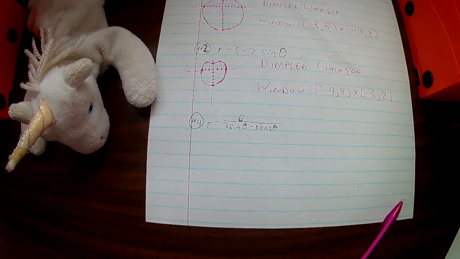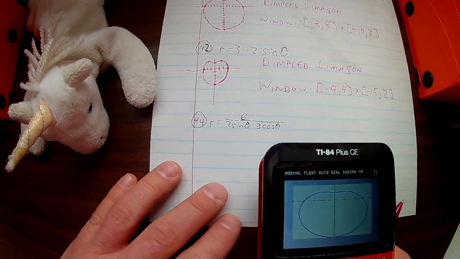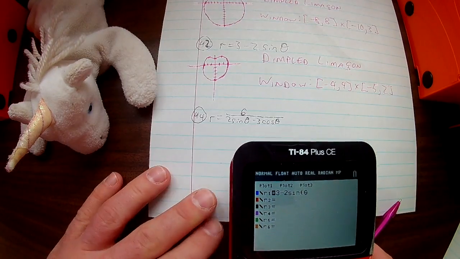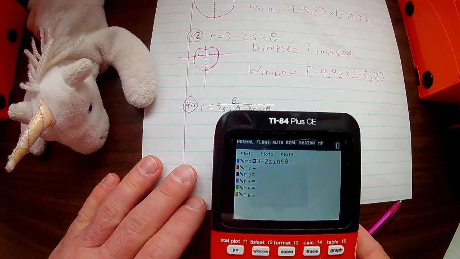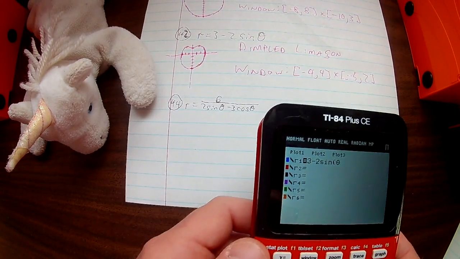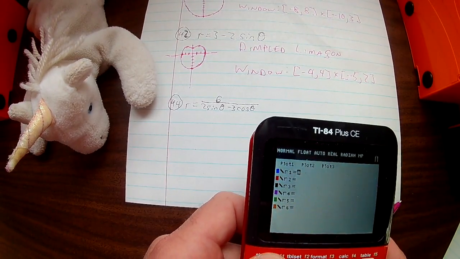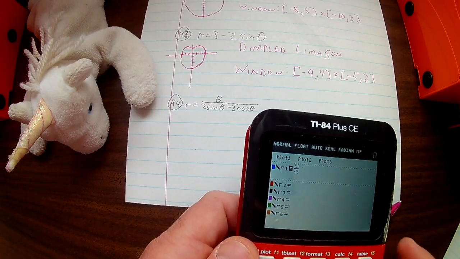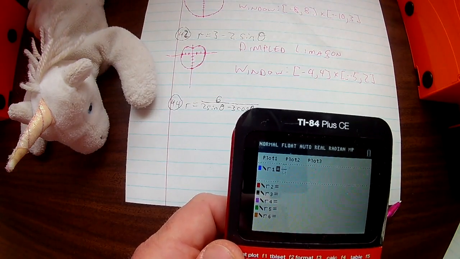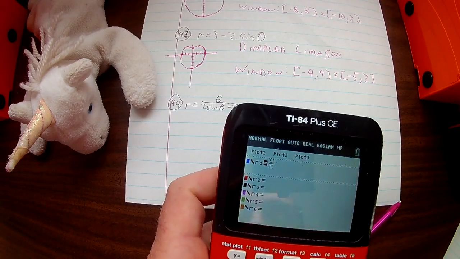Yikes! Oh man, I have no clue what that looks like. That is awful to type into my calculator. Those of you using the TI-83, be careful on your parentheses. Those of you using Desmos, I have no idea how this goes into Desmos, but probably use some parentheses. Those of you using a TI-84, use the fraction template. Don't do it any other way if you have a TI-84. Alpha y equals, enter.